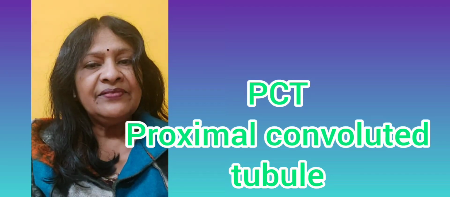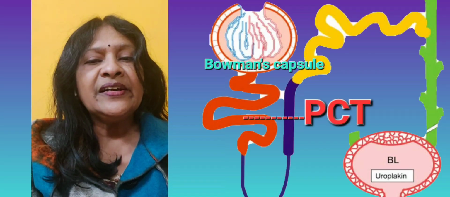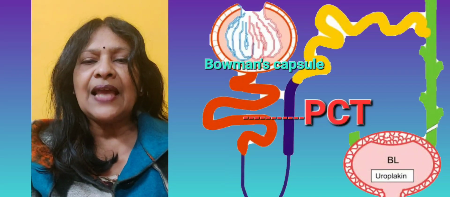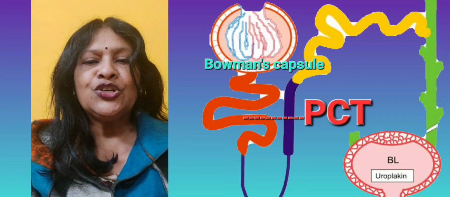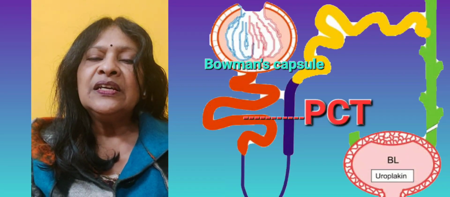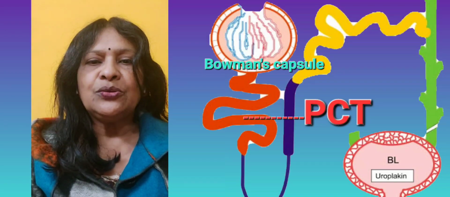Why proximal? Because the word proximal means close to or nearer to, and it is nearer to the Bowman's capsule. So the justification of the name PCT is that it is the closest tubule to the Bowman's capsule.